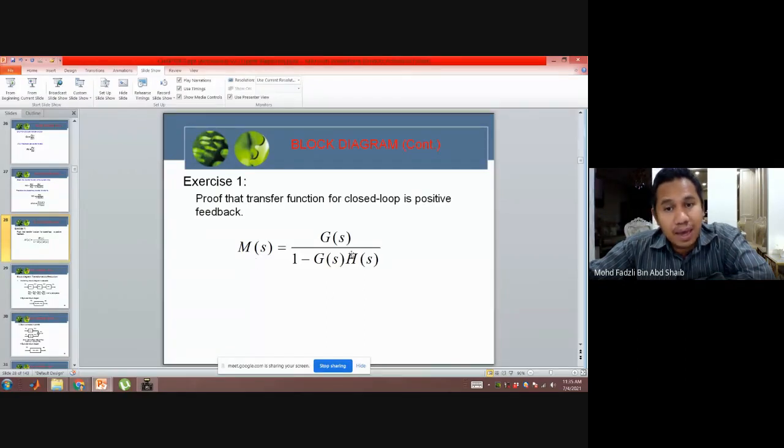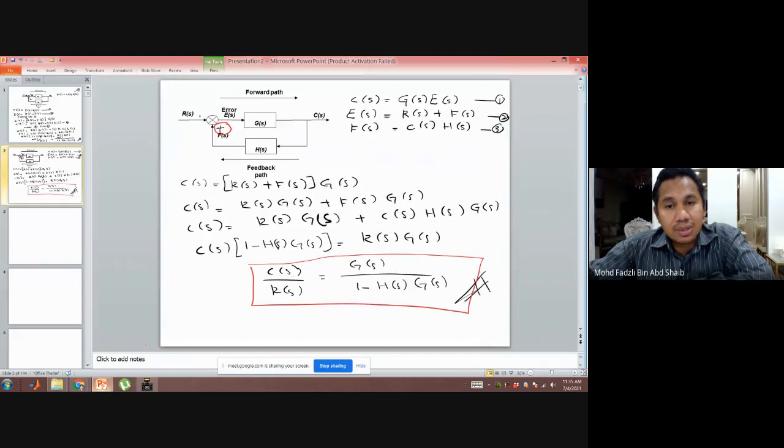If positive feedback, the negative sign becomes a positive sign, so the denominator becomes 1 minus HS times GS, as we derived step by step.